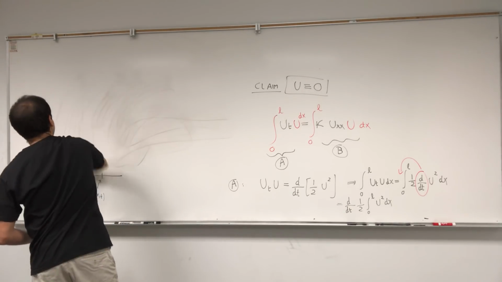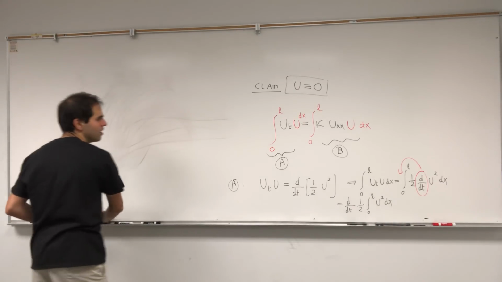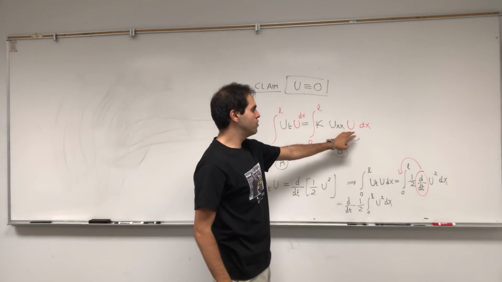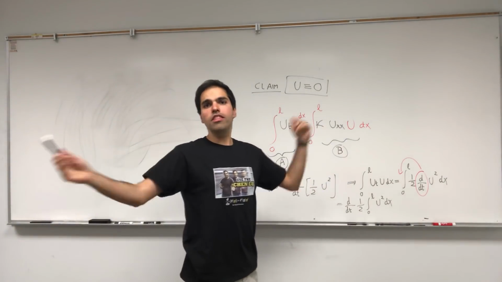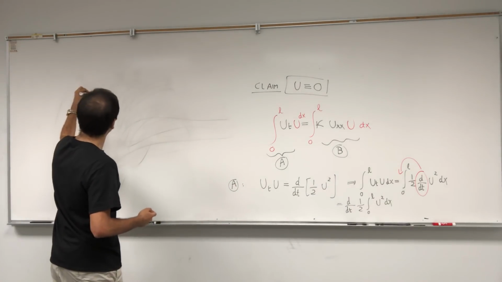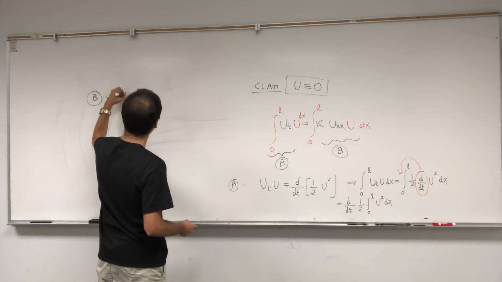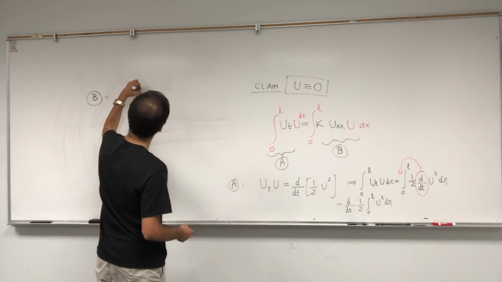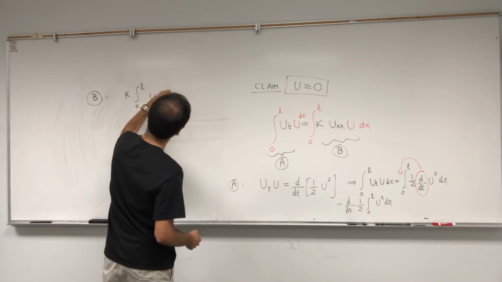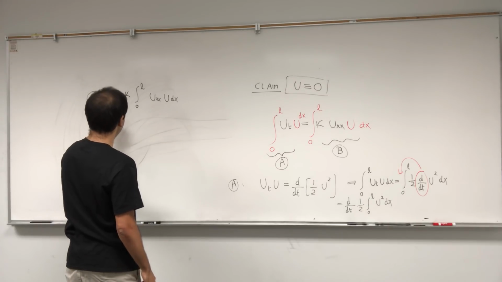And I'm already making the whiteboard very messy. Well, for B, notice you have u_xx times u dx. Well, this just corresponds to integration by parts. So for B, we have k times the integral from 0 to L of u_xx u dx. And then you integrate this by parts with respect to x.